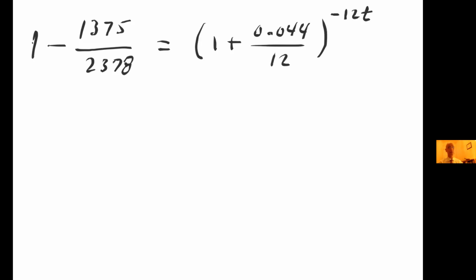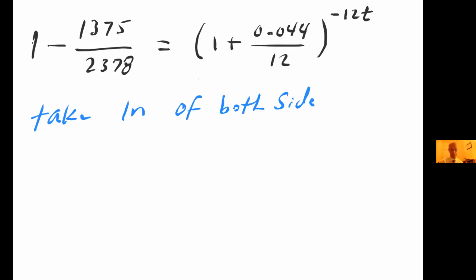Remember, I cannot get rid of these parentheses on the right-hand side because everything in here is to the power of negative 12t. So now what I can do is take the natural log of both sides.